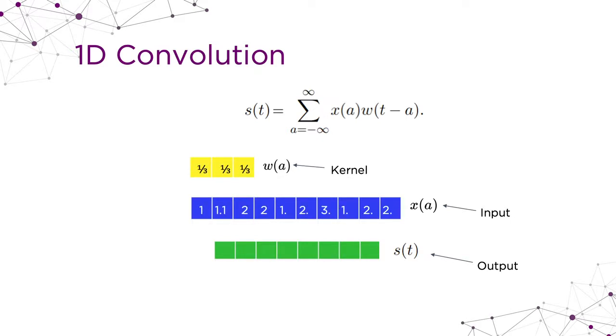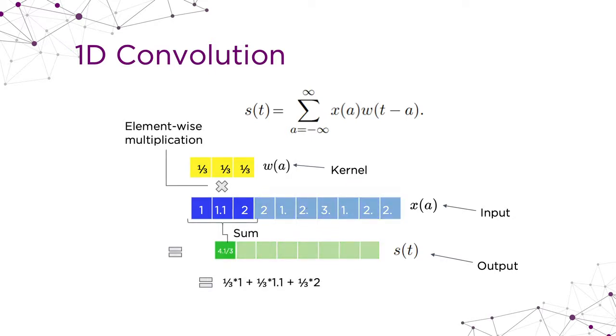So typically, we have some numbers involved. Our input is, for example, in this 1D case, a vector. So we have a series of numbers. And again, here we can think of our laser example. So here might be the measurements of our laser. And here we have our kernel. So we specifically designed our kernel here to be taking 1/3 of each point. So we center it on a specific point, and we take 1/3 of each point because we have 3 points, and we want to take the average.